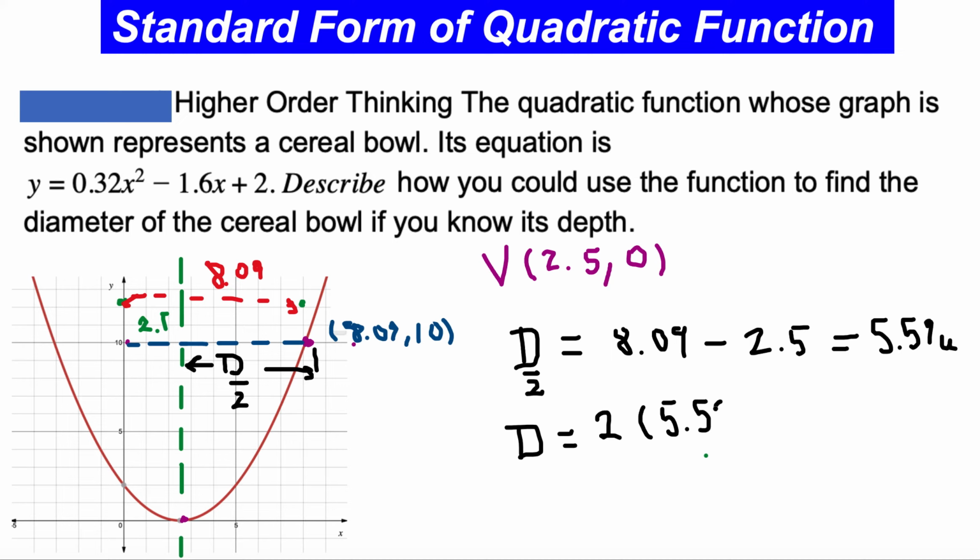When the depth is 10 units, the diameter of the bubble is going to be, when you multiply, 11.18. So this takes care of the calculator. It's not a big deal, but I am more interested in the concept of this problem. And that's how we get to the diameter of the bubble when we know the depth of the serial bubble.